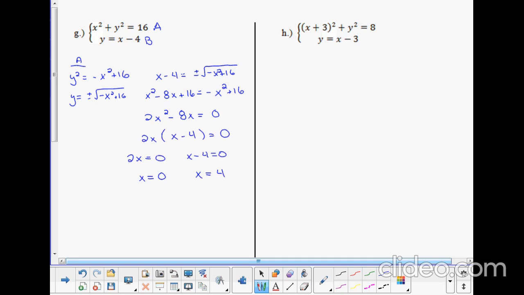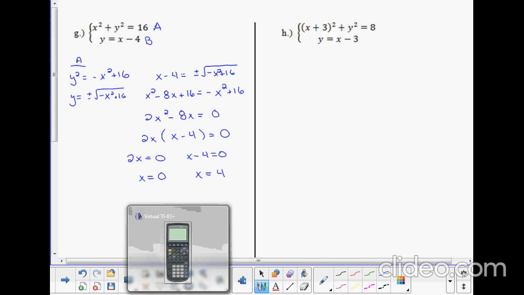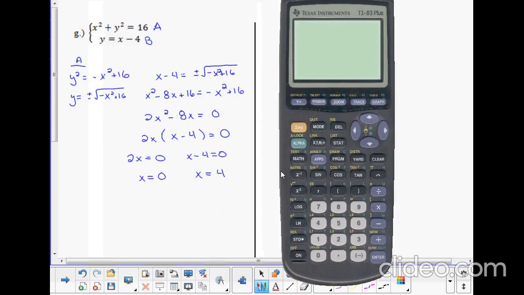Now I can substitute both of these back into the equation for B. You could use your calculator, but really we don't even need it. If you substitute in 0, you'd get 0 minus 4, so y would equal negative 4 in this case. If I substituted in 4, I'd get 4 minus 4, so y would equal 0 in this case.